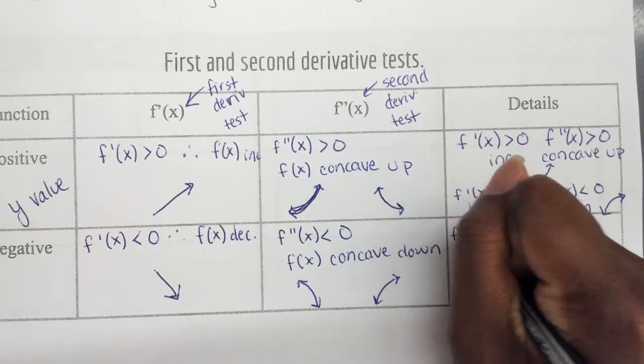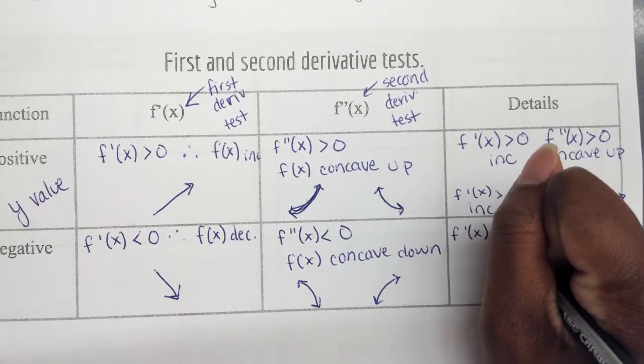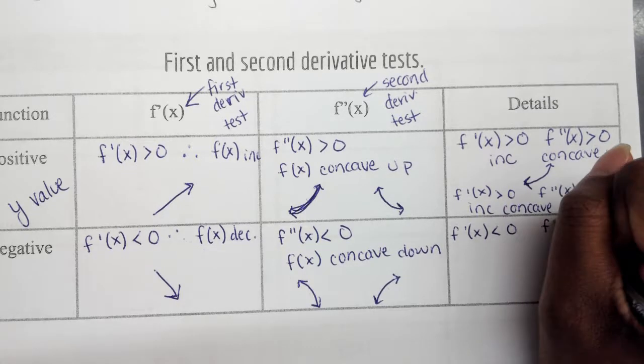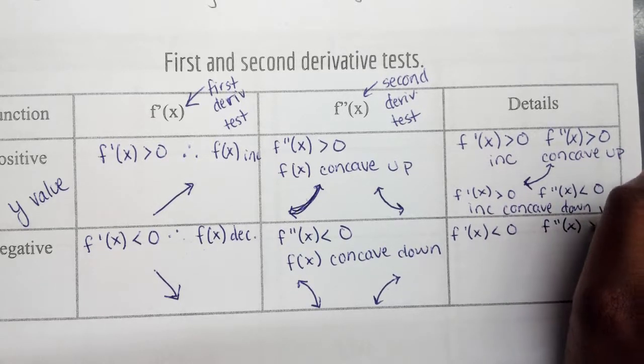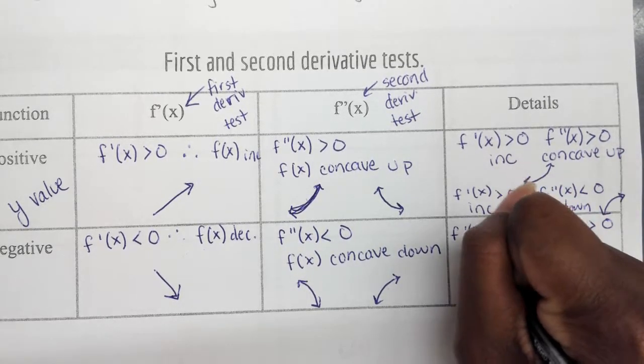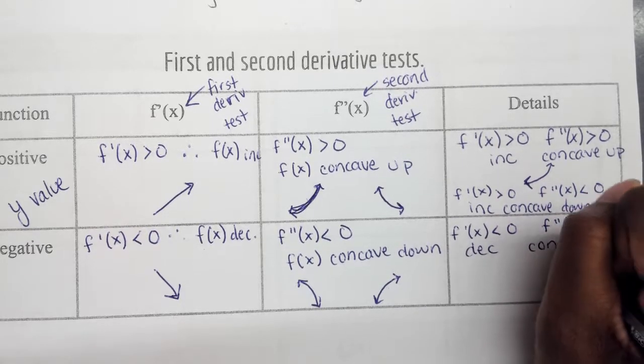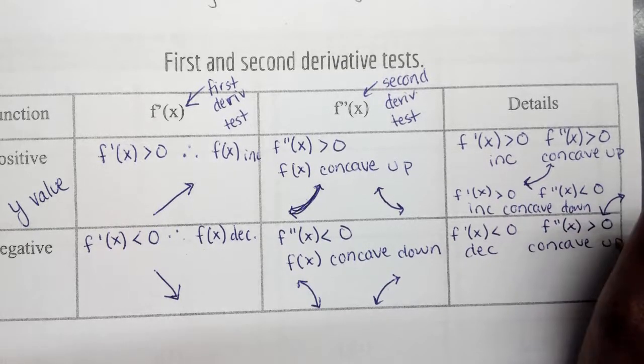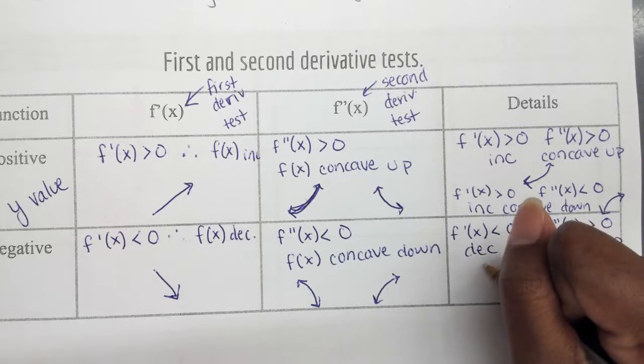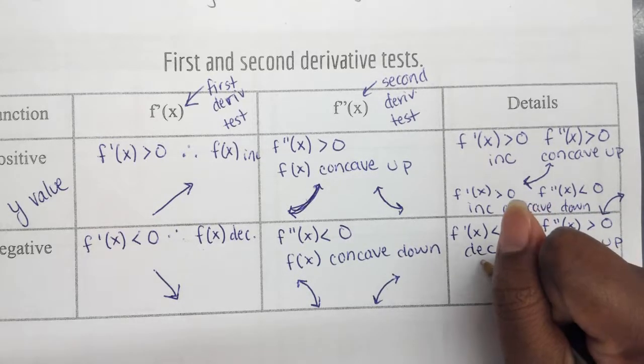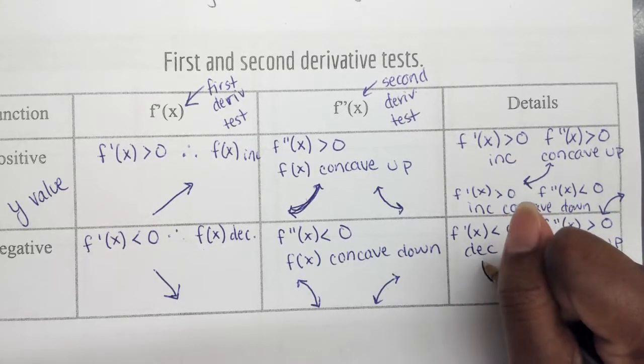If f prime of x is less than 0 and f double prime of x is greater than 0, then we have a decreasing concave up, which looks like that.